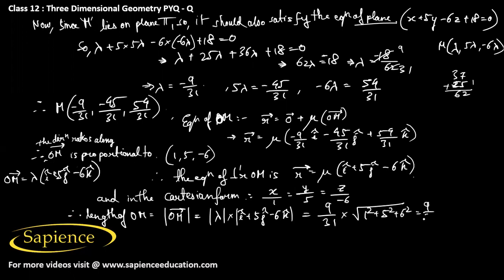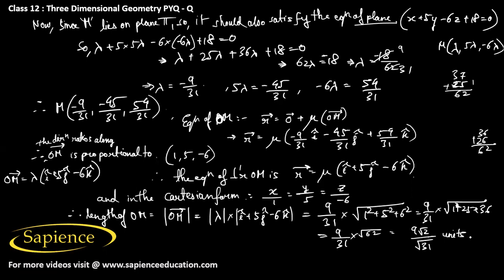So this is 9 by 31 into the square root of 1 plus 25 plus 36, which is the square root of 62. So it is 9 root 2 by root 31 units. This is the length of OM.